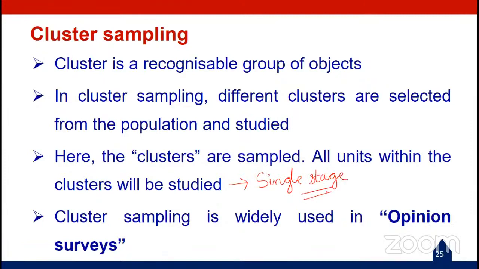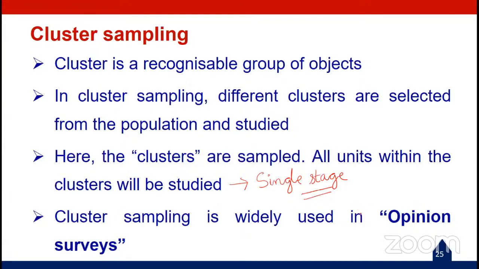There is a two-stage cluster sampling also, where in the first stage we will randomly select the clusters. In the second stage we will randomly select the individuals within the cluster also. So that is called two-stage cluster sampling. So this one, where the clusters are sampled and all units within a cluster will be studied, is single stage cluster sampling.